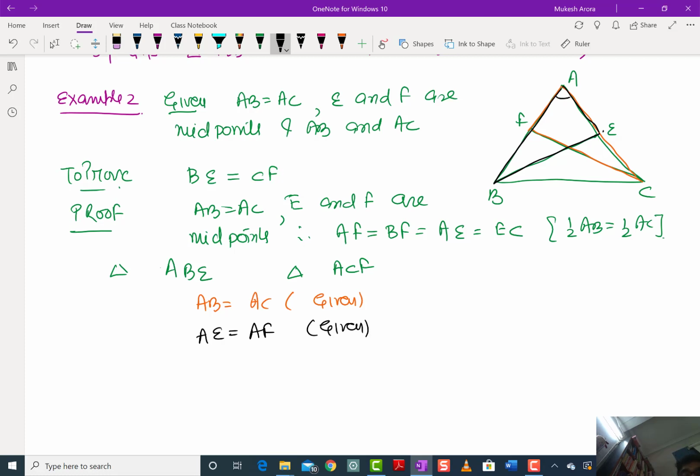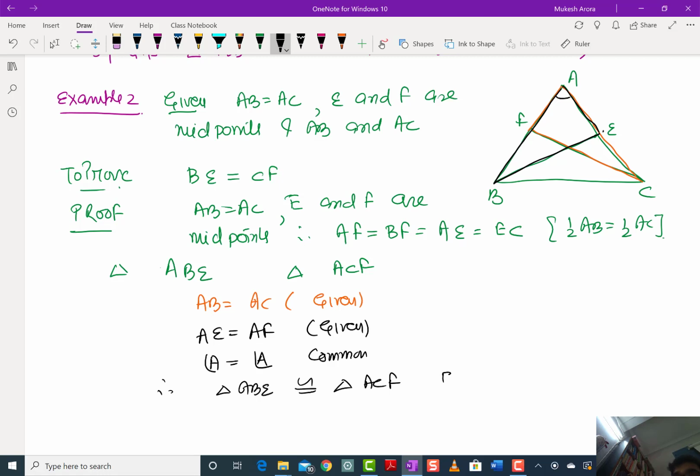Angle A is equal to angle A, common. Therefore, triangle ABE is congruent to triangle ACF by SAS. Therefore, BE is equal to CF.